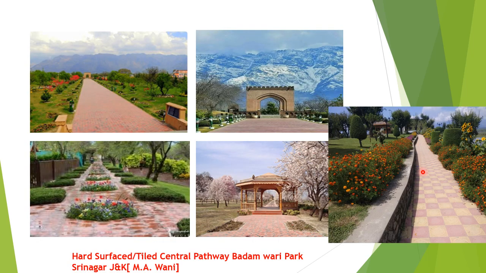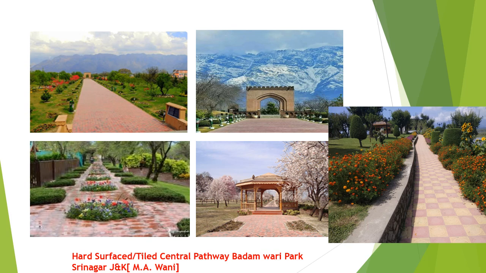These are some of the parks which have been shown here. The paths of Badamwari Park, with the hillocks in the backdrop, and these are the internal paths, the tiled path, the hard surface and the tiled central pathway in Badamwari Park, Srinagar.